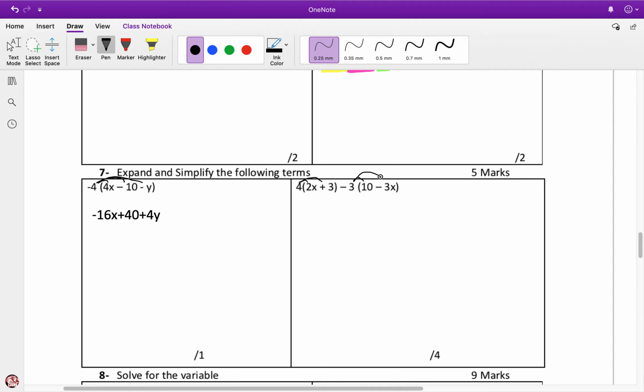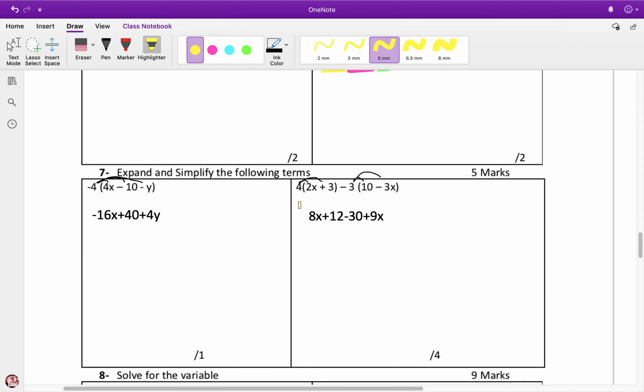Now this one here, we're going to have to distribute, then collect like terms. So, if we do the first one here, 4 times 2 is 8x. 4 times 3 is 12. Negative 3 times 10 is negative 30. Negative 3 times negative 3 is plus 9x. Then I can collect my like terms.